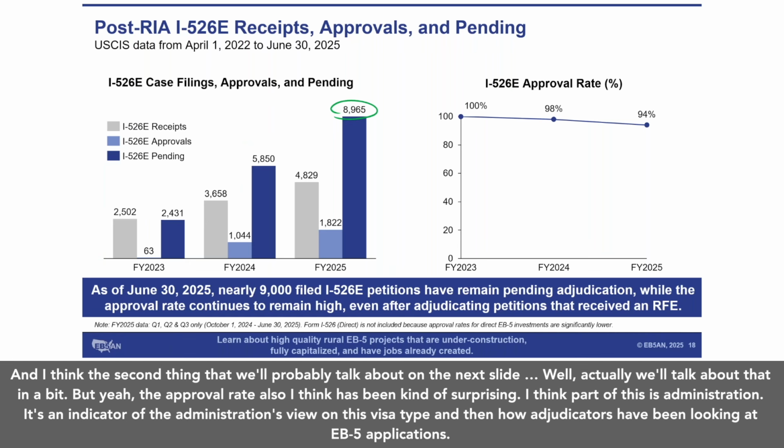And I think the second thing that we'll probably talk about on the next slide, well, actually, we'll talk about that in a bit. But the approval rate also, I think, has been kind of surprising. I think part of this is an indicator of the administration's view on this visa type and how adjudicators have been looking at EB-5 applications.